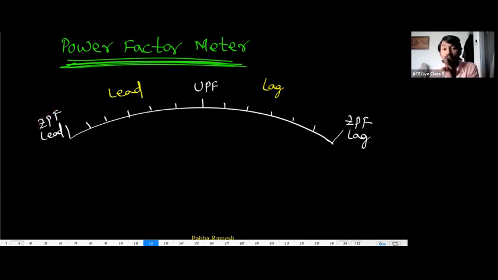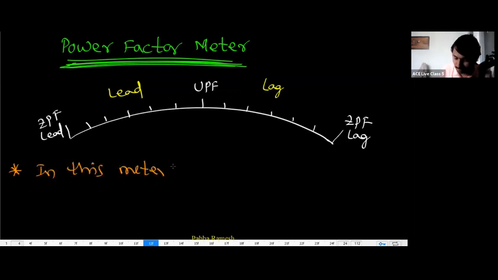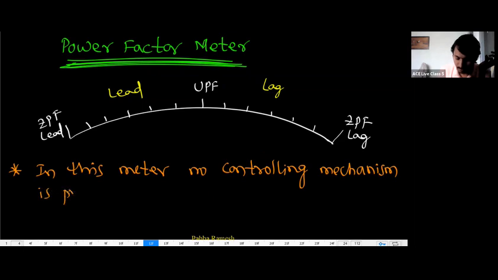If you use spring control, the moment supply is switched off, the pointer has to go back to its initial value, but nothing is initial value here. In this meter, no controlling mechanism is provided.